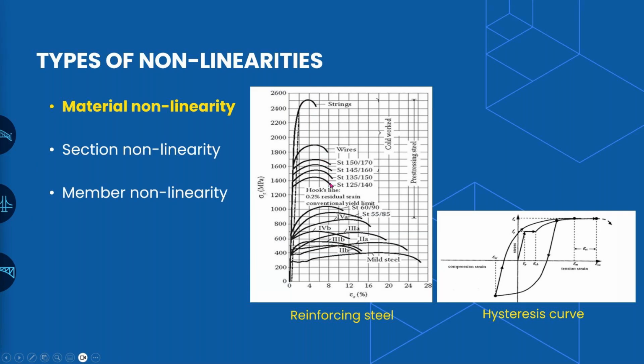As an engineer, it is a general tendency that if we are using a higher grade of steel, then we are considering higher strength and higher ductility in the structure, and my structure is stronger. But this graph shows a very contradictory behavior to the general idealization that we have.